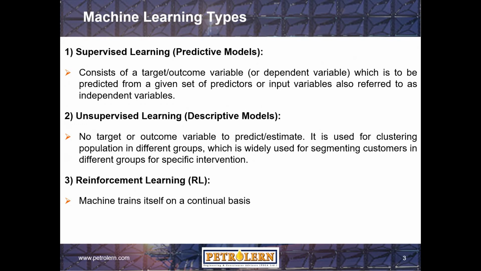So now that we understand the difference between machine learning, artificial intelligence, data mining, and deep learning, let's talk about different types of machine learning. The first one is supervised machine learning. That basically means I have my input features and I have my output feature or features.